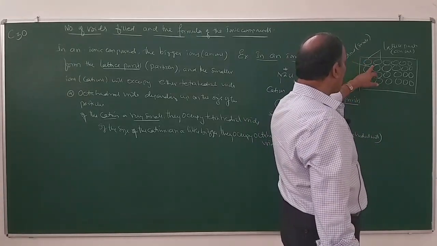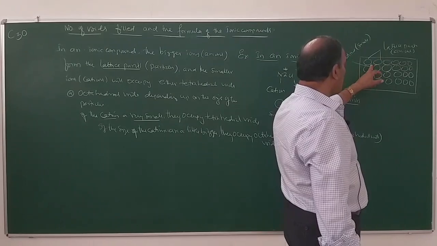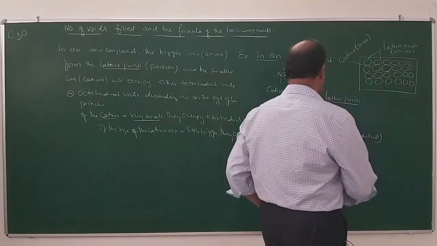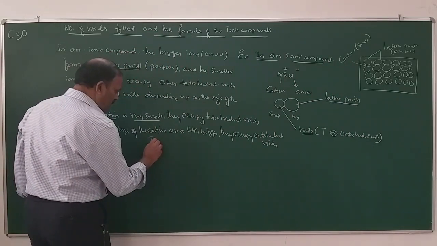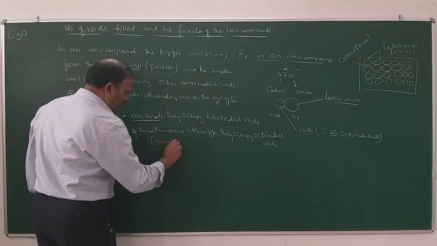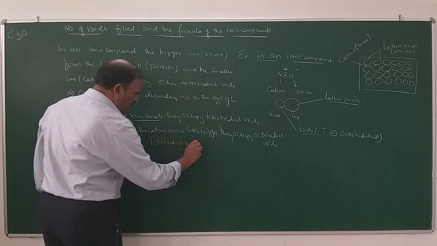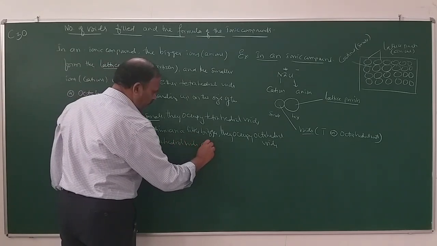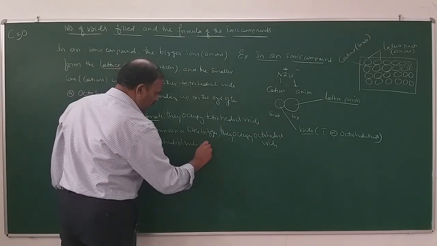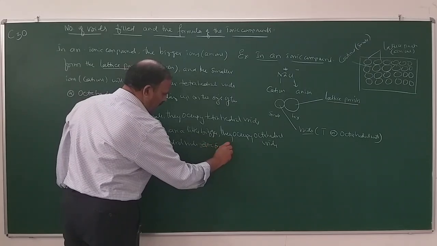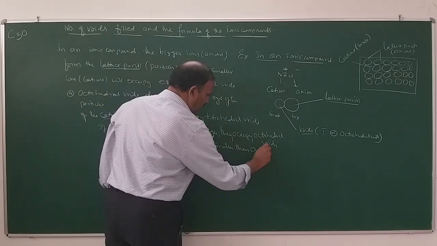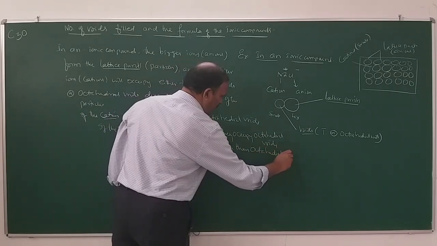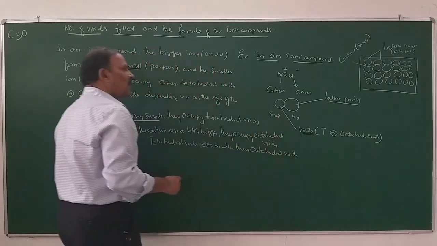They will occupy either tetrahedral voids or octahedral voids. So tetrahedral voids are smaller than octahedral voids.